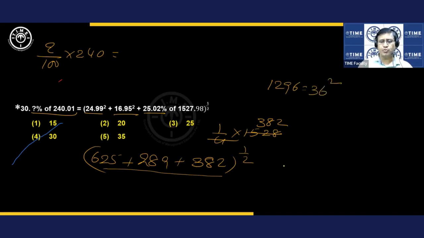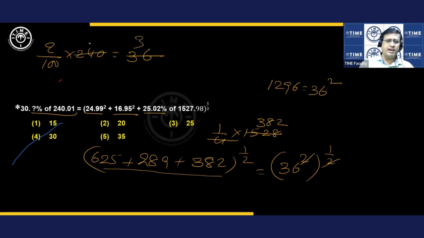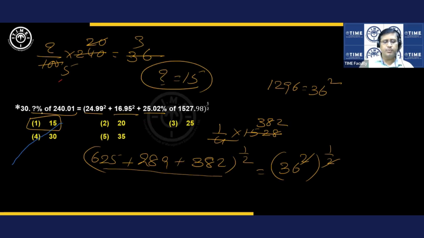That is 36 square. So 36 square whole power 1/2 means 36, which is equal to question mark percent of 240. 12 3 times, 12 here 20 times. Now 20 goes 5 times. 5 into 3 is equal to 15. The right choice, option number 1. First choice is the right answer.